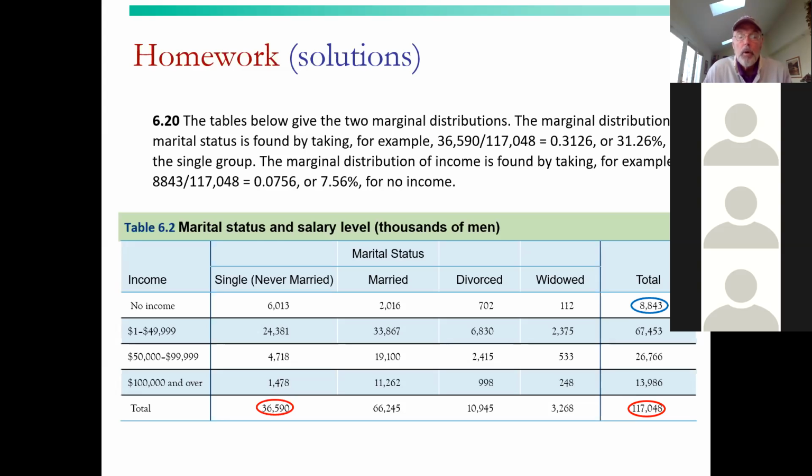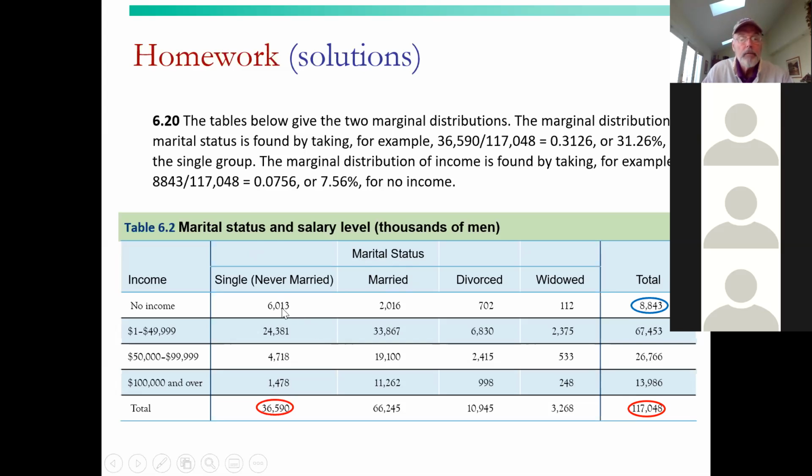All right, so when we're thinking about this, we might want to think about a single group here, and we're thinking along the lines of the marginal distribution for the marital status.